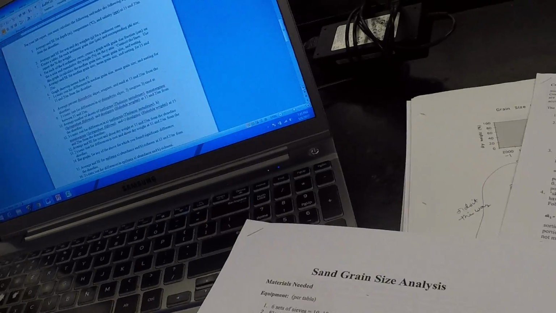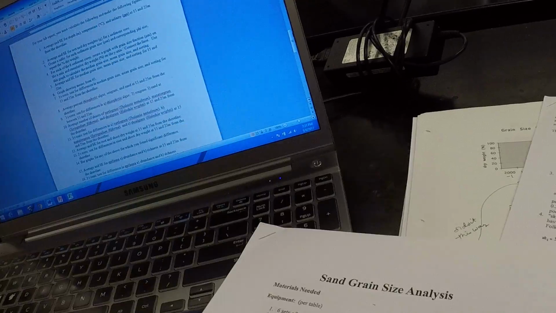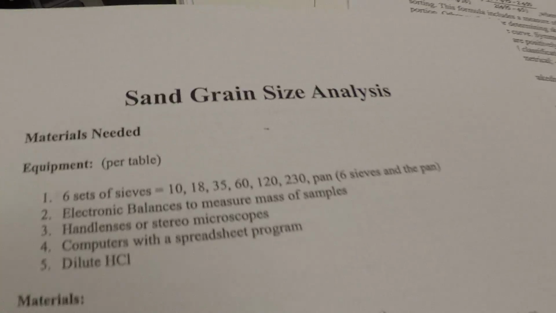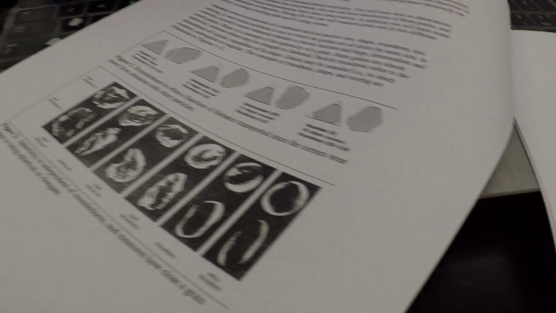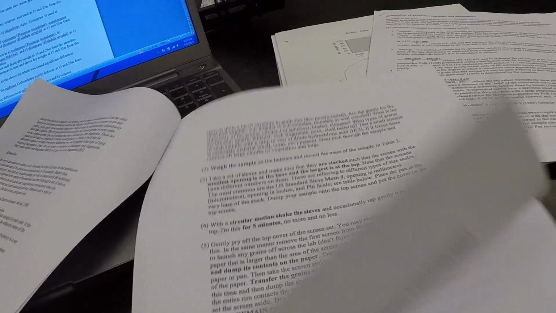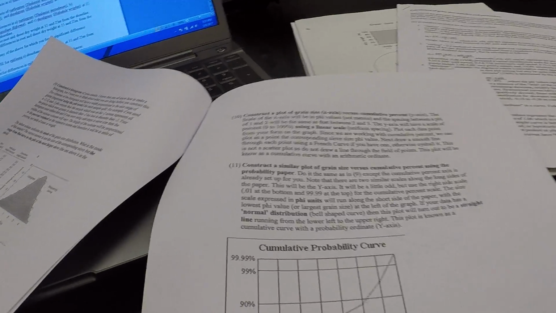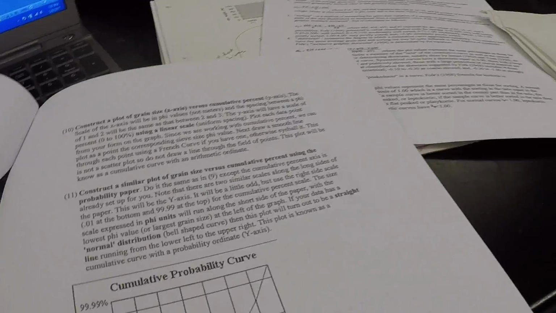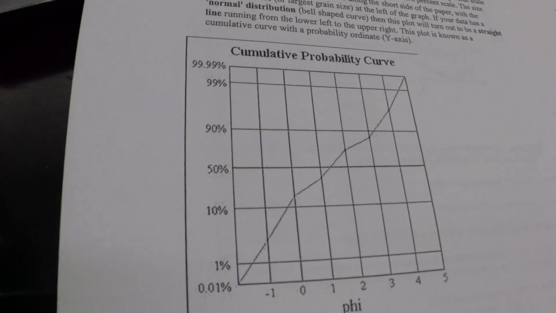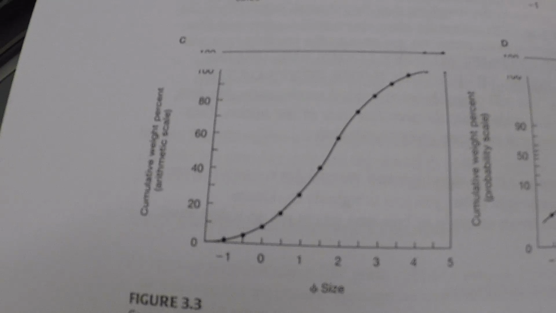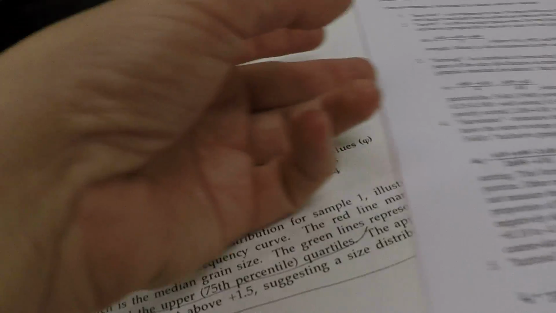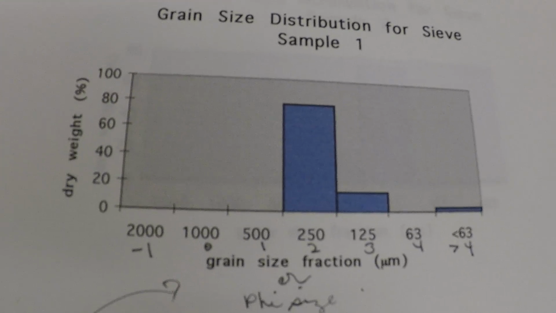If you look at number 1 in the sand grain analysis handout, you flip through it, you're going to basically create cumulative probability curves.